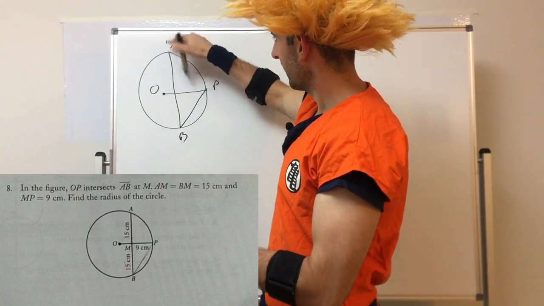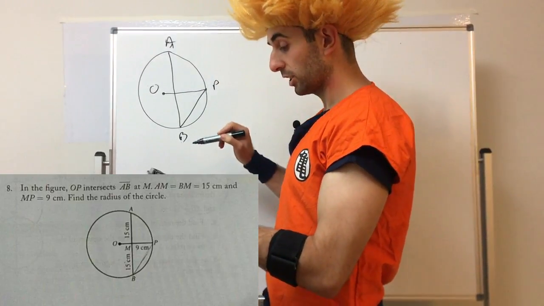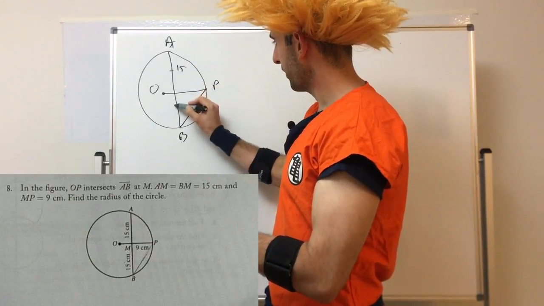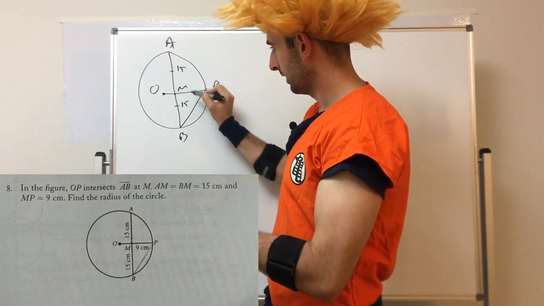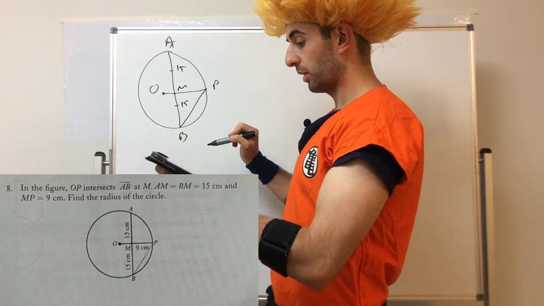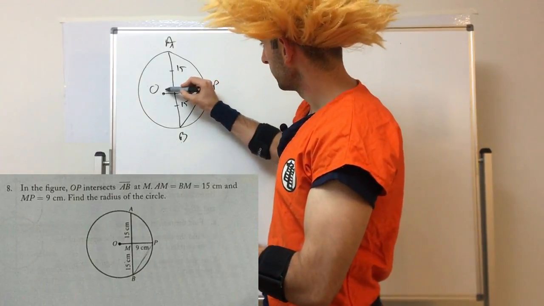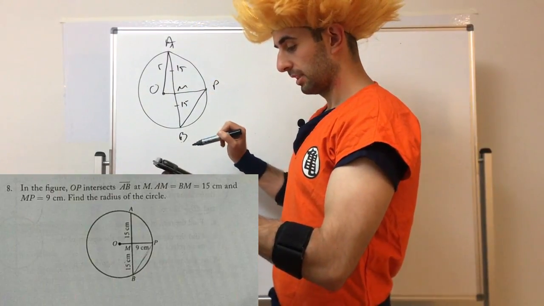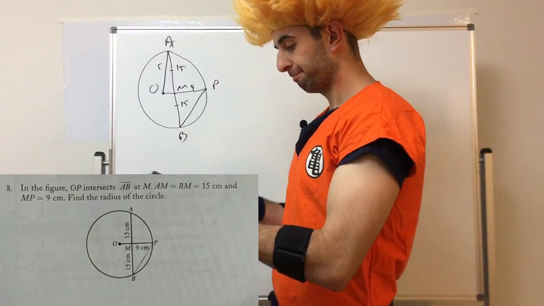Okay. And we need to find the radius of this circle. So we're given that they're both 15. That's M. And I want to find the radius of this circle, so I'll connect that there. That's the radius. And that length is 9.